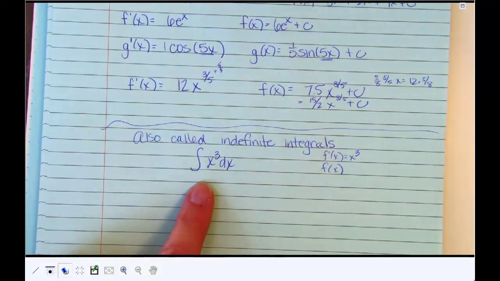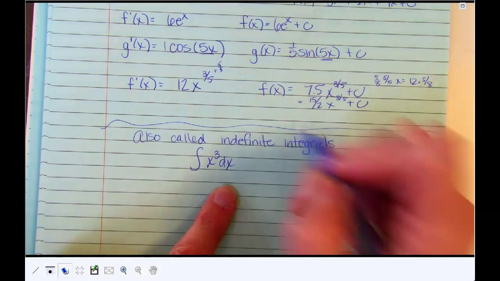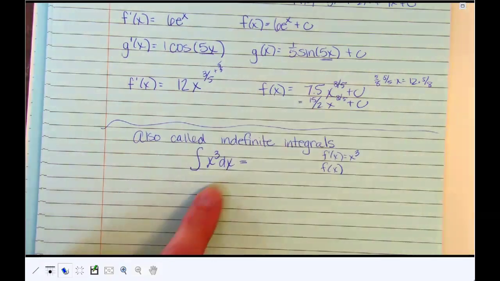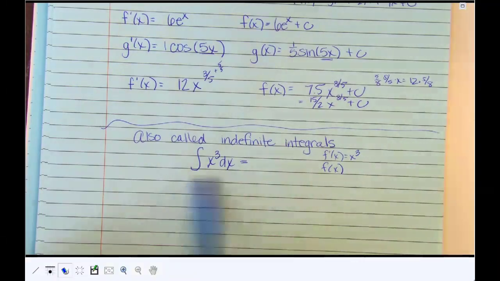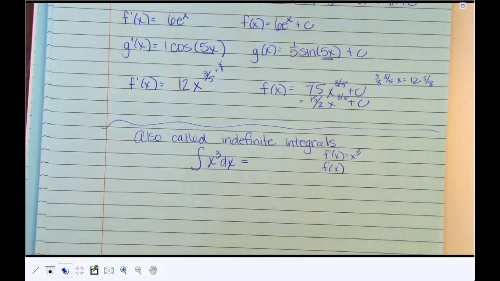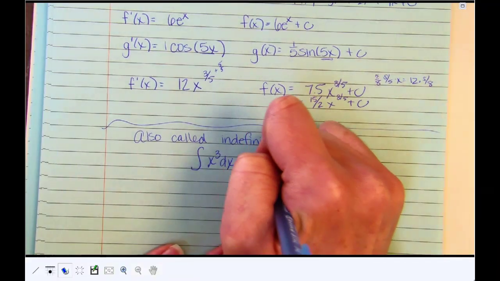It's just a big, tall, skinny S. It's an indefinite integral. The nice thing about this is you don't have to worry about your notation. You just say, this is equal to this. What's the answer? 1/4 x to the 4th plus C.